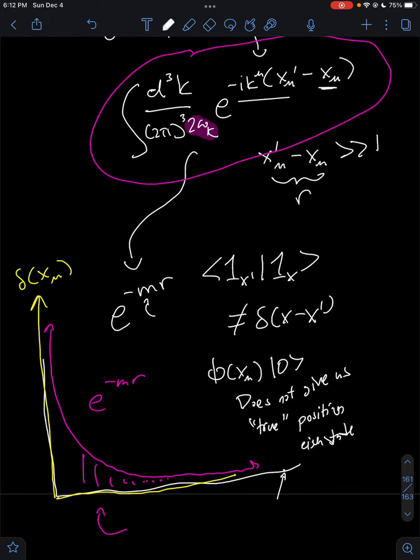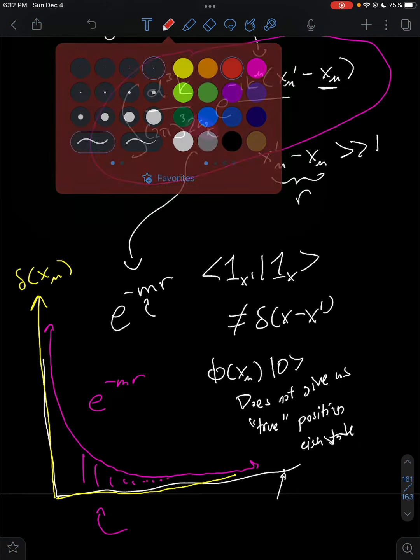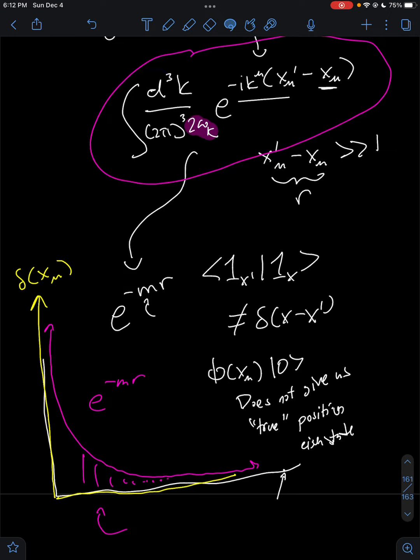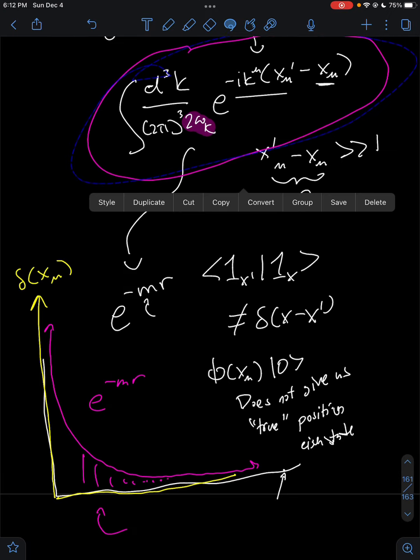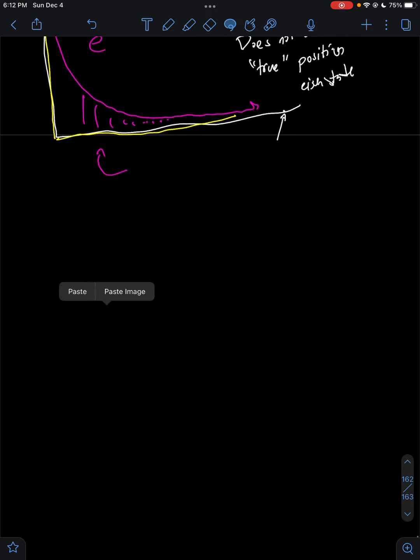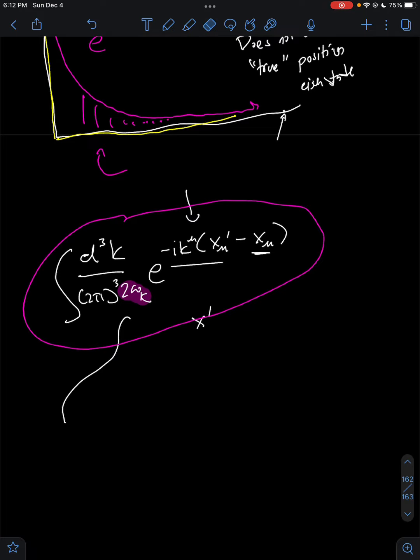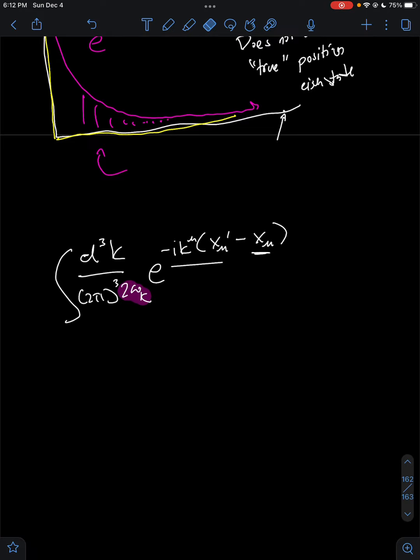If you were to solve this integral precisely, there isn't an elementary analytic solution. The actual answer to this integral is going to be m over 4 pi squared r times K1 of m r, where this K thing over here is called the Bessel function.